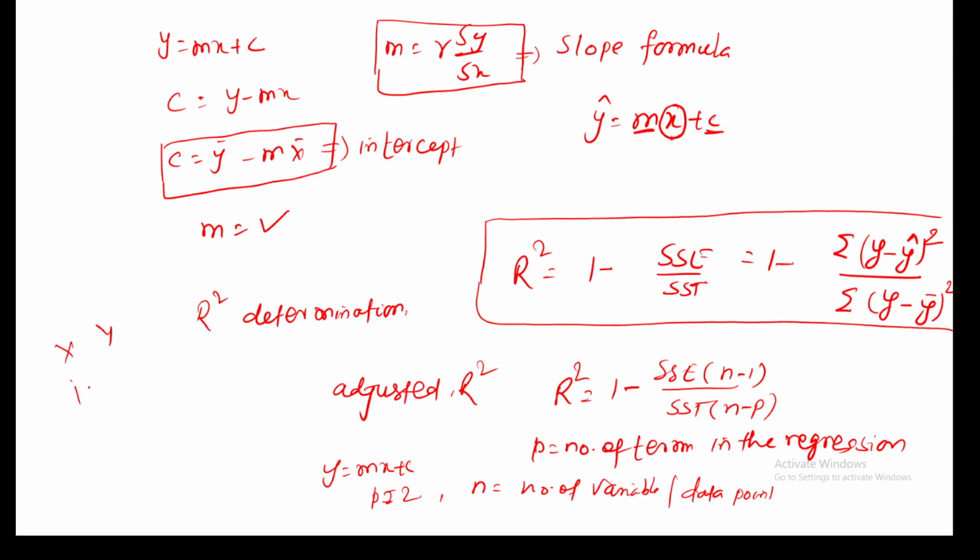So if, let's say, we have 10, 10, 12, 12, it will go 1, 2, 3 like this in total. So this is all about the r square adjusted.